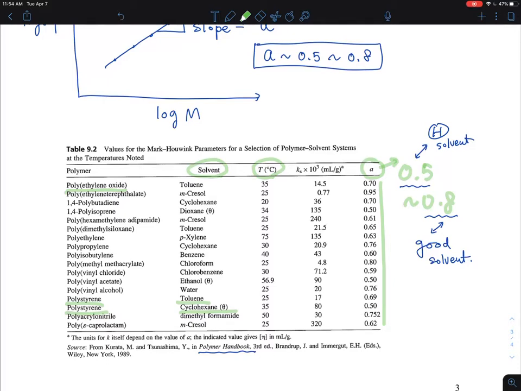Cyclohexane is the one that shows the A constant to be 0.5, whereas a good solvent is somewhat bigger. And there are other polymers that do the same. When it says theta, that means it's a theta solvent, and the power law exponent is close to 0.5.